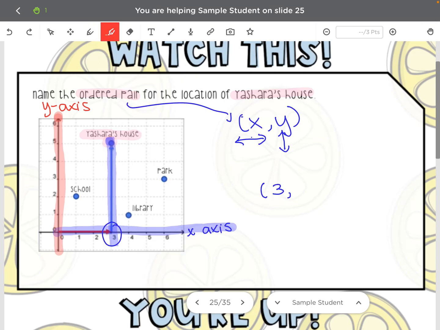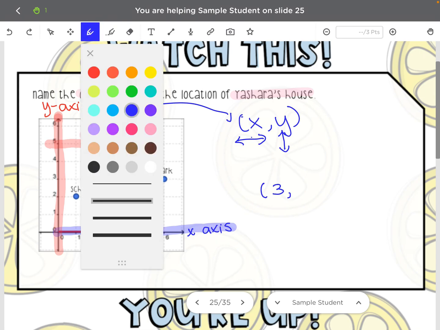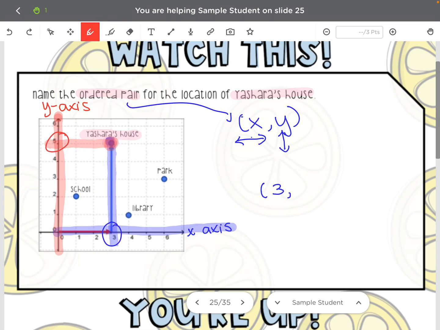And then, because it's a pair, I need to find my y-coordinate as well. I'm going to do the same thing, except this time I'm going to go in the direction of the y-axis. I'm going to start at Yashara's house and drag until I hit the y-axis. It hits it at 5, so my y-coordinate is 5.